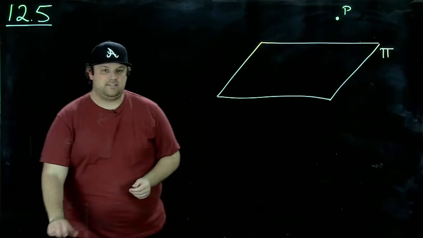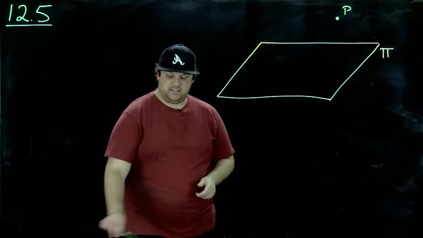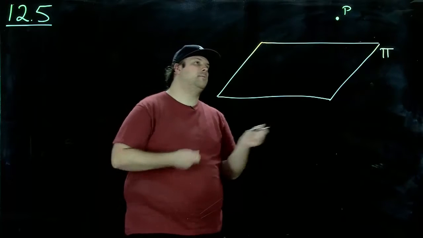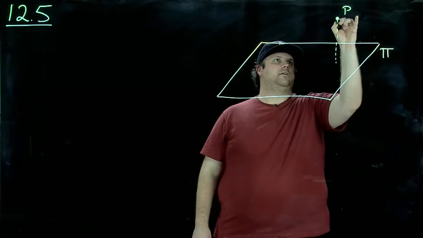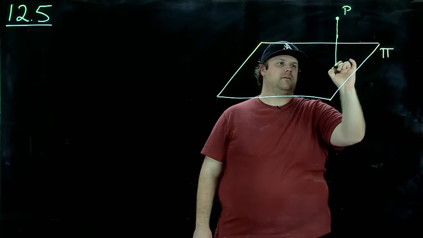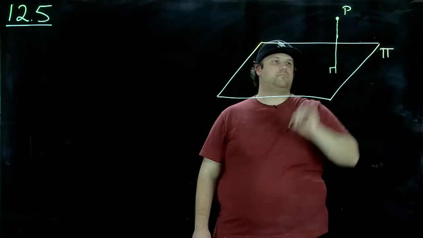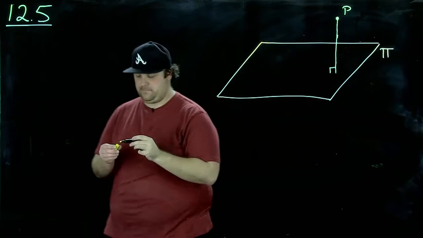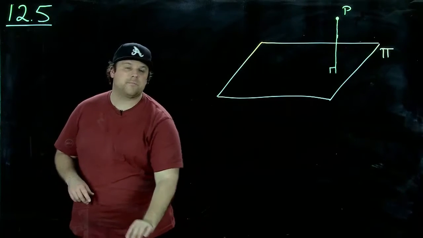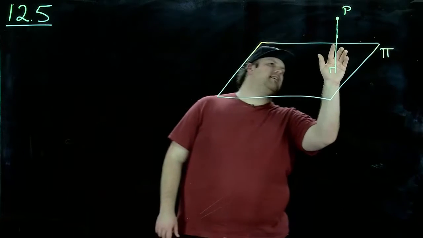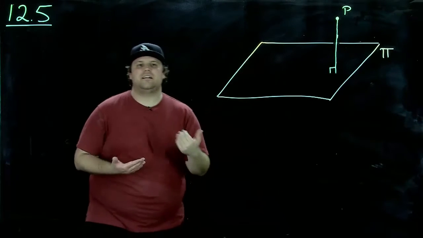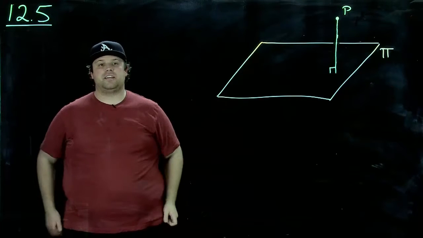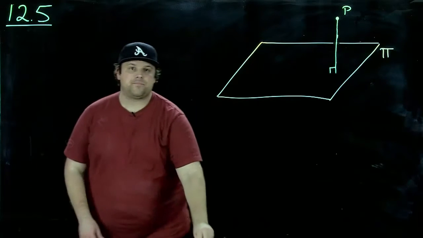So it should make sense then that to get the shortest distance, we just want to drop a line here. Let's make it bold. That's perpendicular to the plane. Right? And let's even cut this a little bit here to show that that line's really coming off of the plane. It's perpendicular to it.